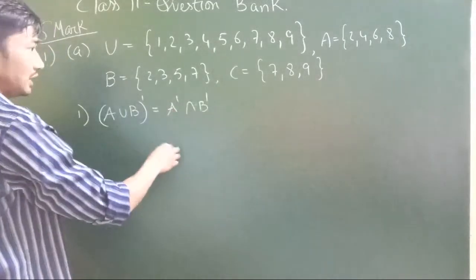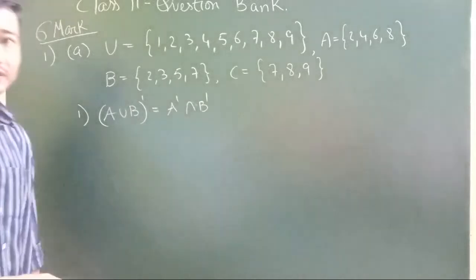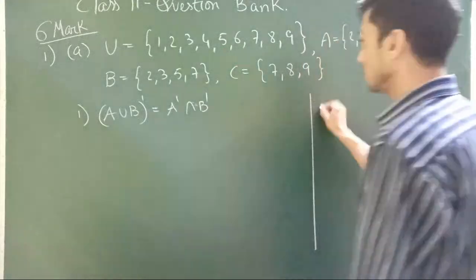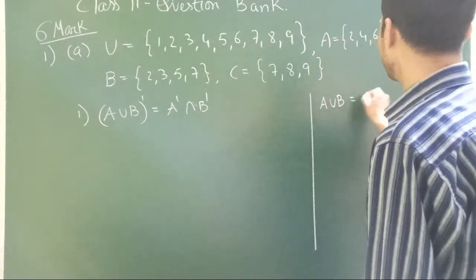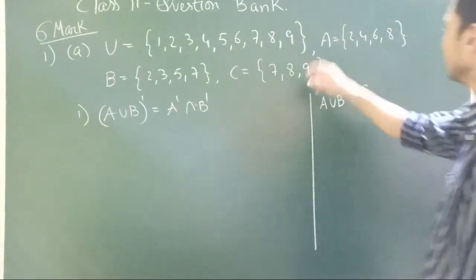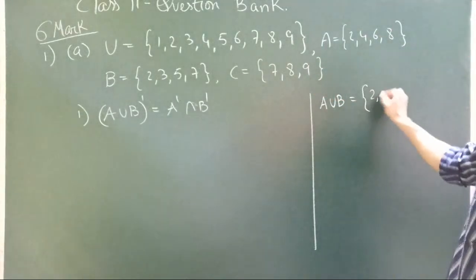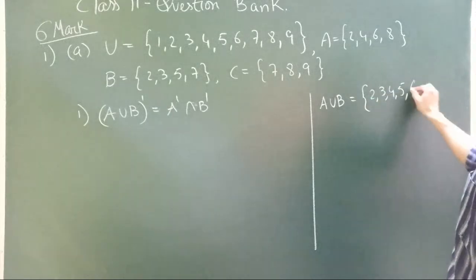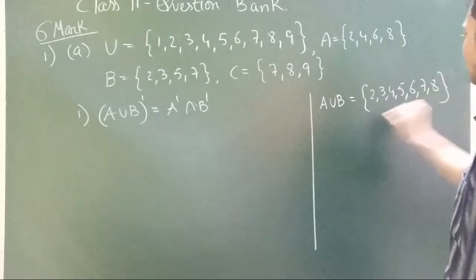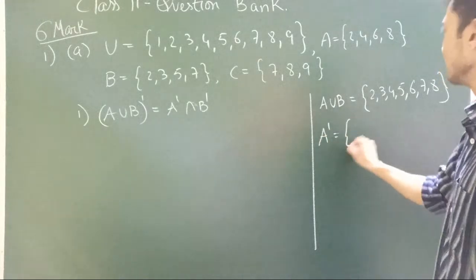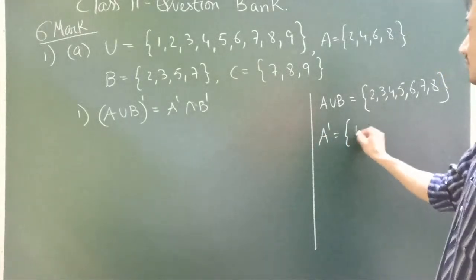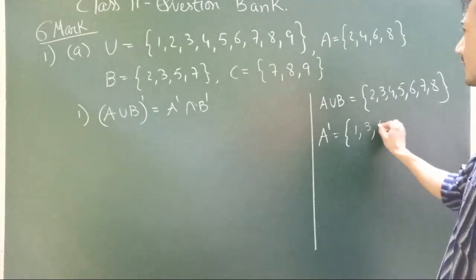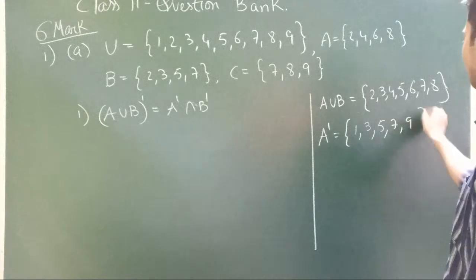Before we go for the verification, let's try to get some of the values which we may need. Let's see what A union B will be. A union B, let's combine. That's going to be 2, 3, 4, 5, 6, 7, 8. A complement: 1, 3, 5, 7, 9.